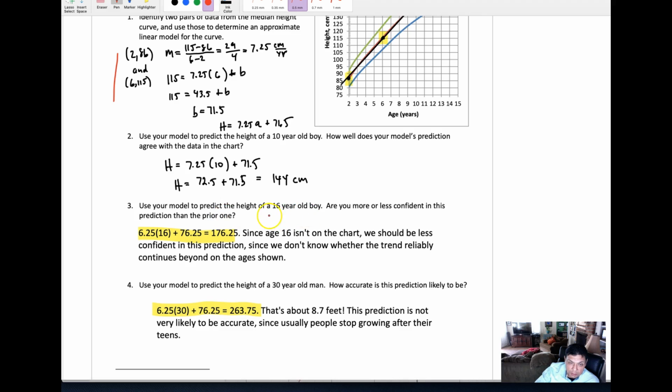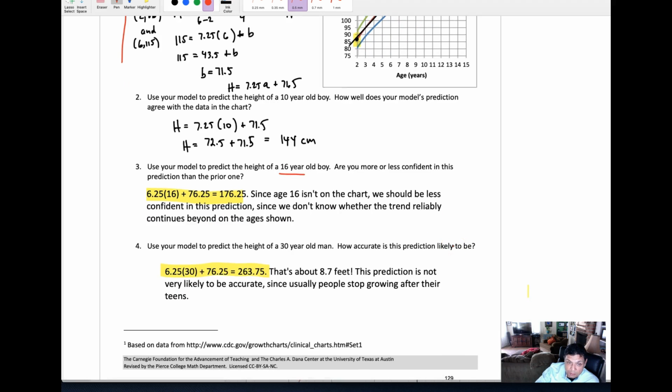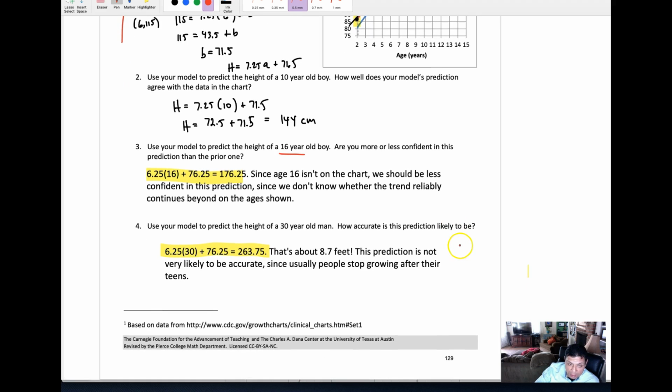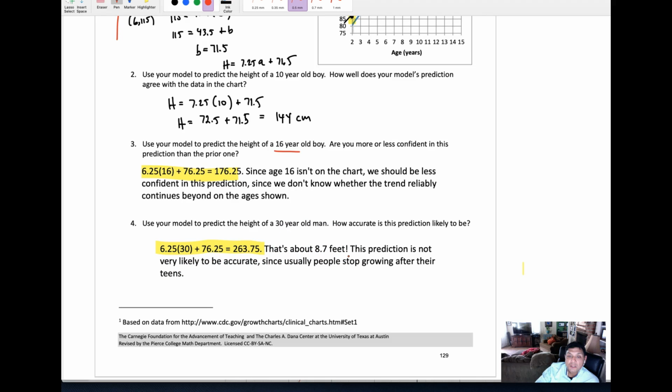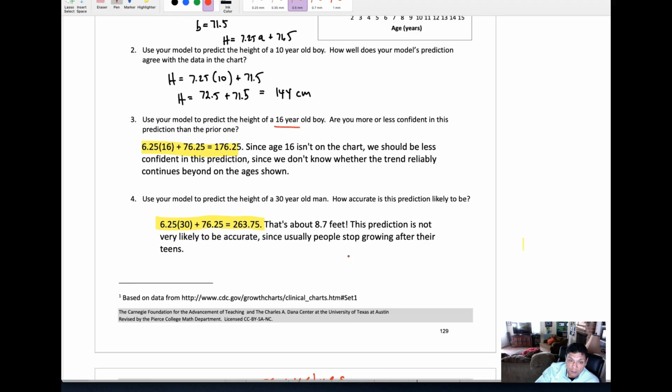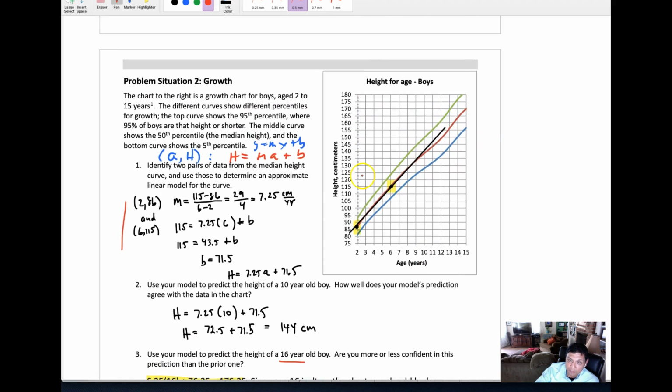Would you use it to predict the height of a 16-year-old boy? How confident are you? You can use it to make a prediction, but since it's not on the chart, it's hard to say how reliable it would be. And we wouldn't use it for a 30-year-old, because if you did substitute, you'd be looking at someone who's 7 feet tall, 8 feet tall. That's not likely, because height does level off at some point.